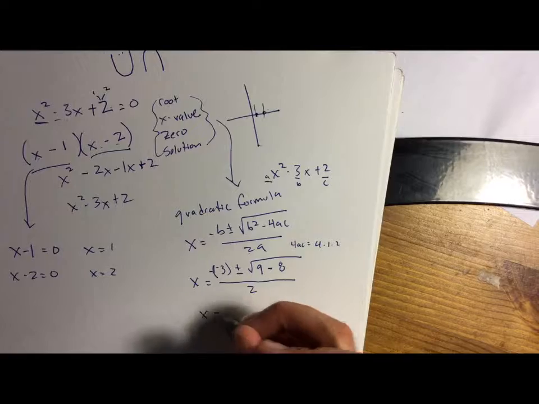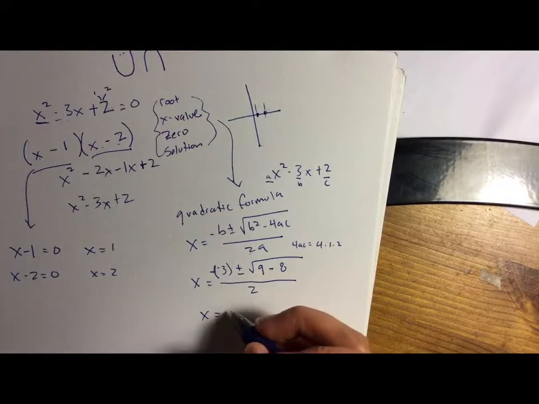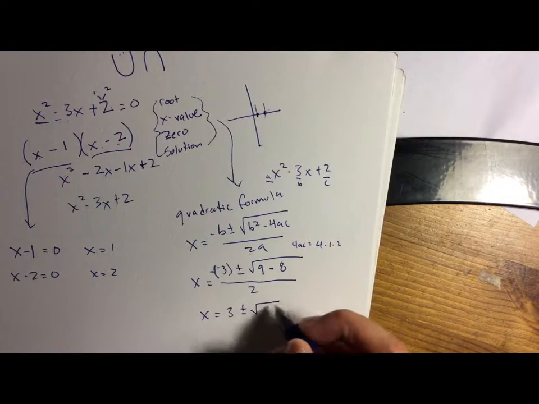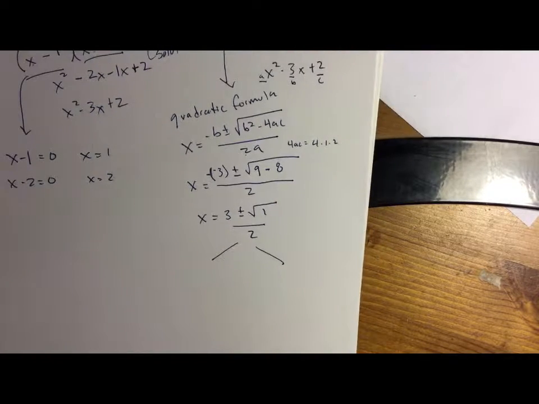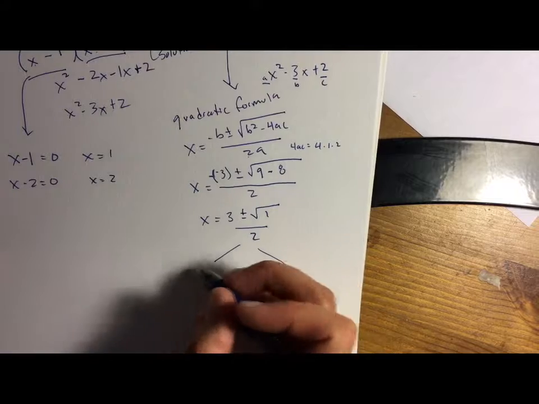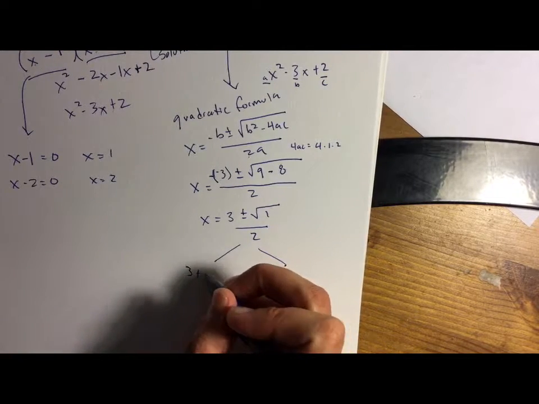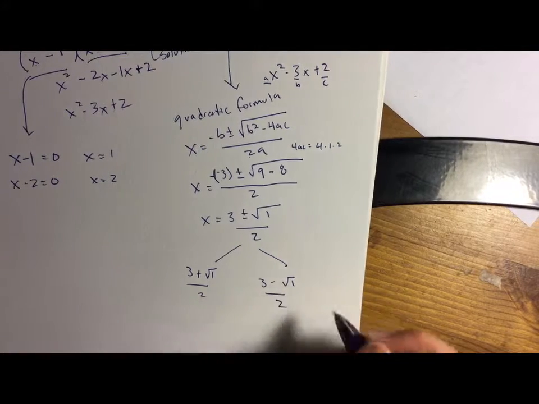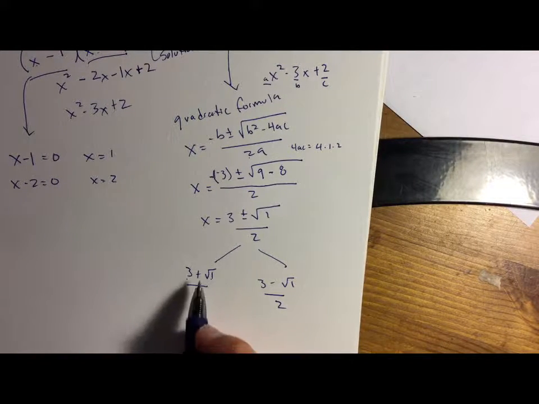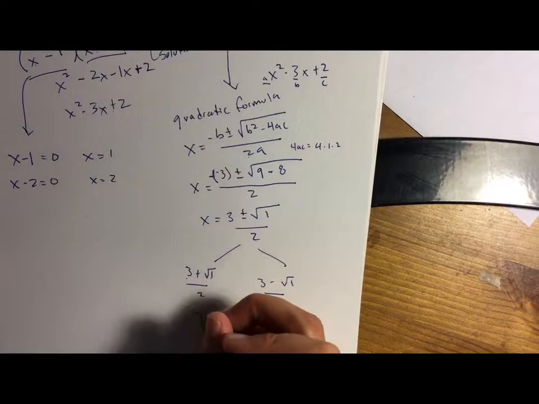So we get x equals negative negative 3, which is positive 3, plus or minus the square root of 1, over 2. And because there's the plus or minus, we have to split it into two sides. So we get 3 plus the square root of 1 over 2, and 3 minus the square root of 1 over 2. So 3 plus 1 over 2, so 4 over 2 is 2.